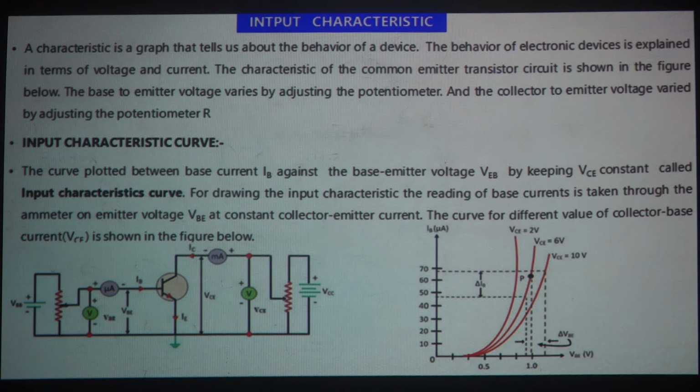We take three sets by keeping VCE constant and plot the graph. And this is the graph which shows the input characteristics of a transistor under the common emitter configuration.